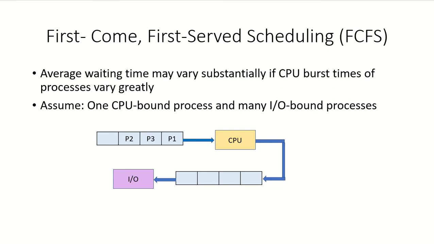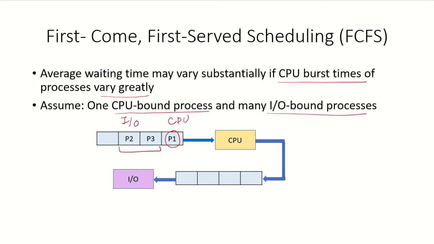Now the average waiting time in the FCFS scheduling may vary substantially if the CPU burst time of the processes is varying greatly. So assume that there is one CPU bound process and many input output bound processes. Assume that P1 is a CPU bound process and P2, P3 are IO bound processes.